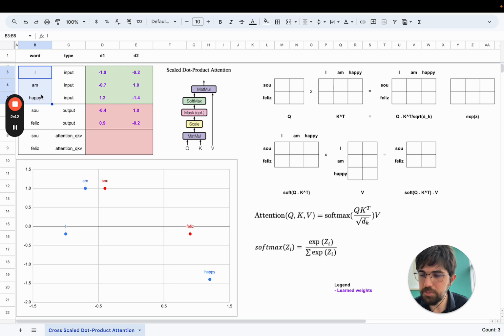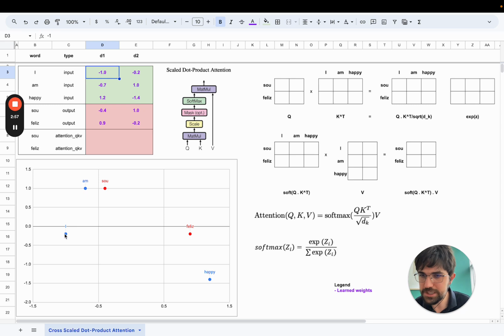In this example, as you can see, I'm using random numbers, but in practice, since those numbers come from embeddings, they are actually weights. They've been learned.